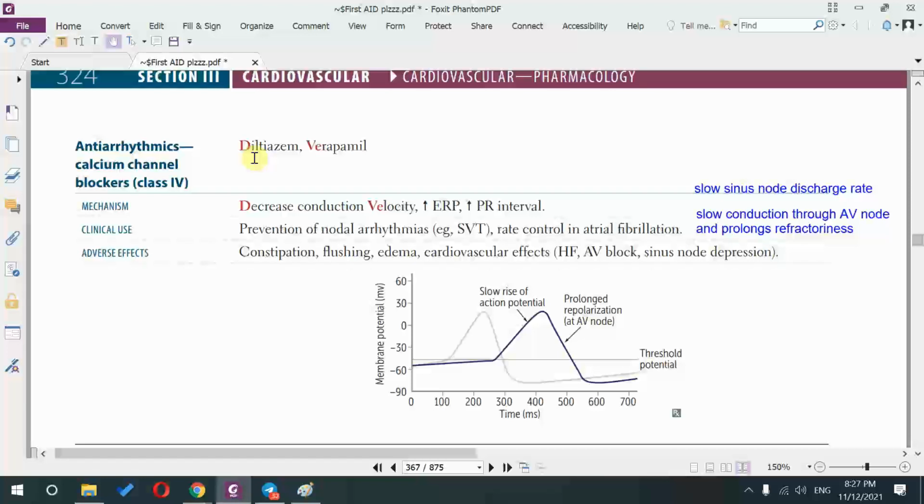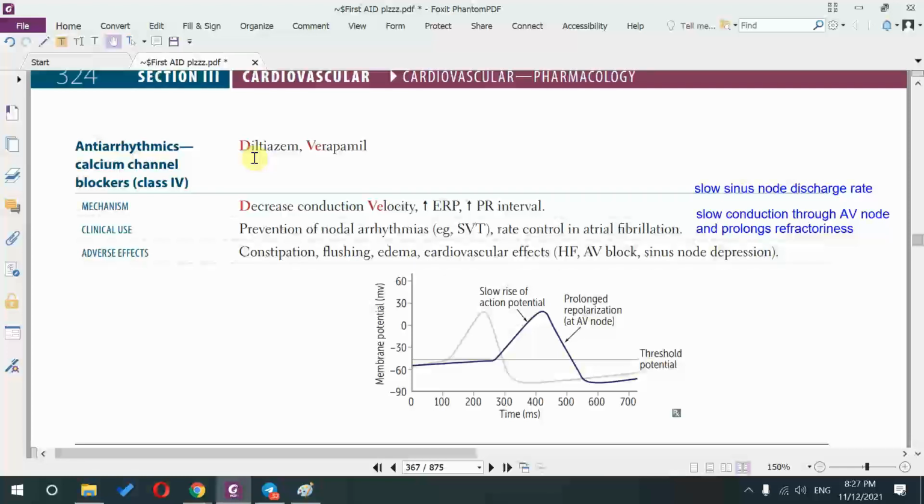Rate control in case of atrial fibrillation, especially if the patient is asthmatic and you really don't want to use what? Beta blockers. So the side effects, they love to ask you about the constipation. I think the man who wrote this book had really bad constipation, and that's why they keep asking about it. I don't know why.